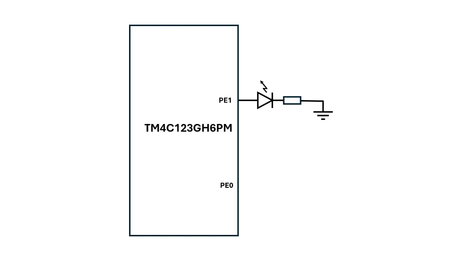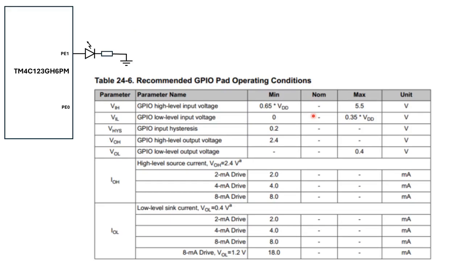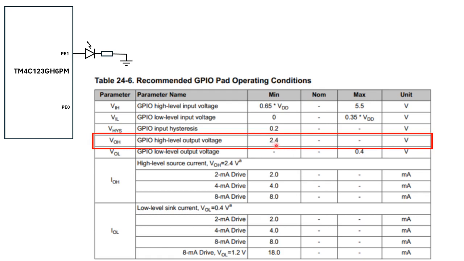Now that we're done with the push button switch, let's consider the LED interface schematics. Now this circuit here is a common LED interface schematic that I use quite often, but with the TM4C123GH6PM microcontroller, the high level output is 2.4 volts.